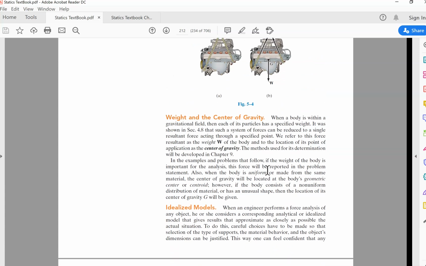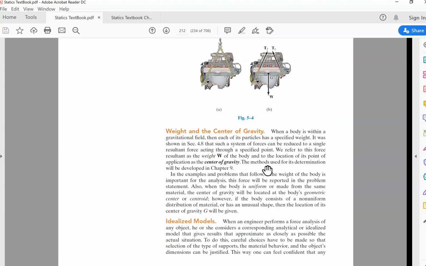Now weight and gravity: the center of gravity force is always pointing downward. No way is gravity pointing upward. So any question where they ask you to draw the weight, or they tell you the weight is taken into account, you need to draw the weight, which is always pointing downward from G. What is G?